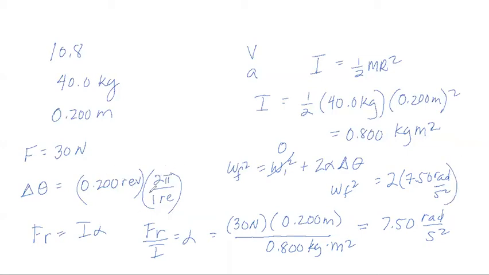And that value is going to be, let me get the calculator, clear, 0.2 times 2 pi times... 1.256 radians.